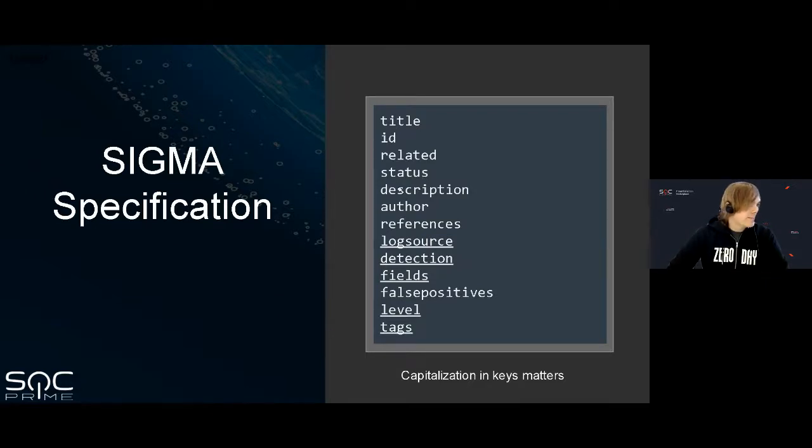Description is more details about what the rule is and its purpose. Author is who wrote the rule. References: hey, if this rule fires, maybe if you look here, you'll have a better understanding of what it means. Or it could also be, hey, I pulled from this source to create this rule. Oftentimes, that's what it is.